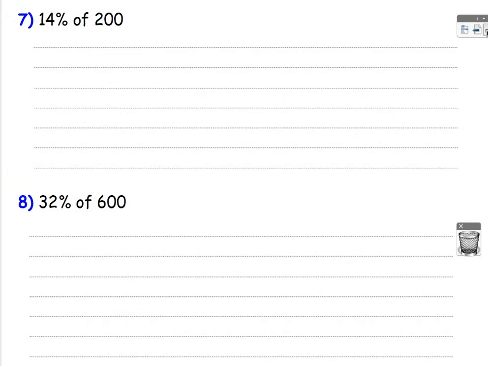Okay, let's look at the next one, 14% of 200. So again, 100% is 200. Work with 10%, finding that, and 1%. So divide by 10, that will give you 20. We need that 10% because 14% is going to be 10% add 4%, which is 4 lots of 1%, isn't it?